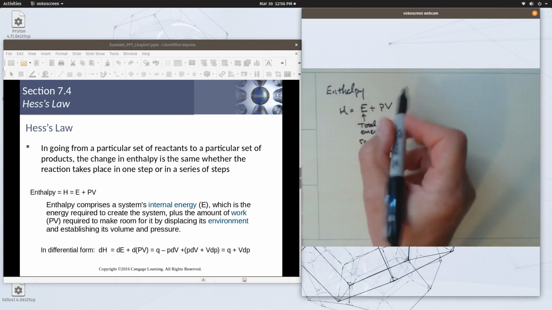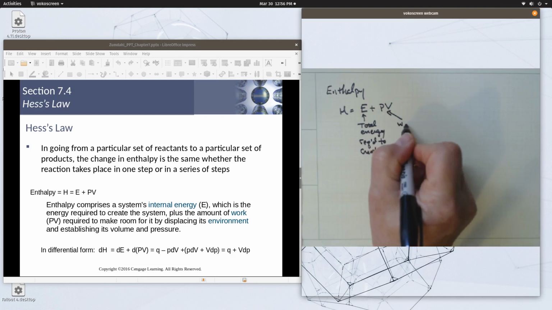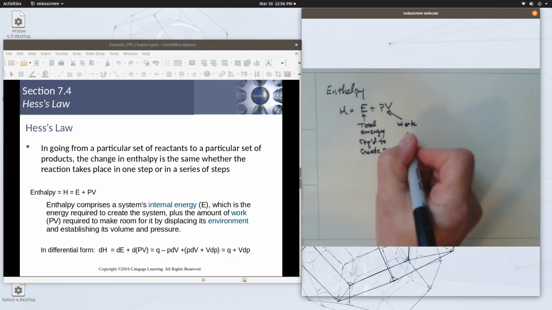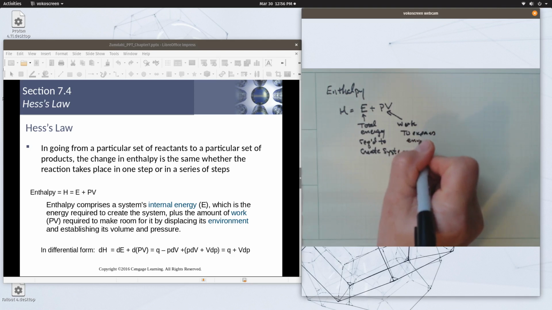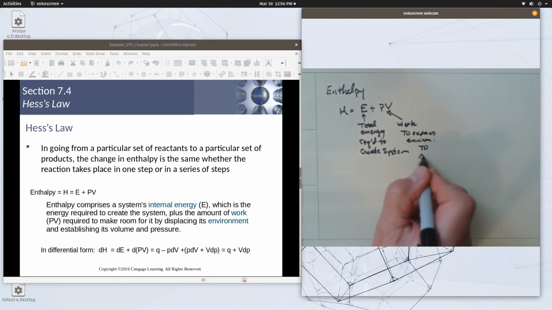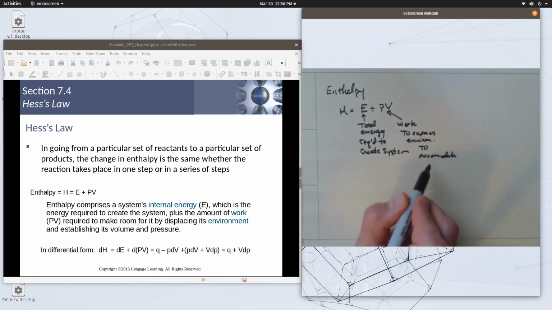And this pressure volume is the pressure volume work of expansion, to expand the environment to accommodate the system.